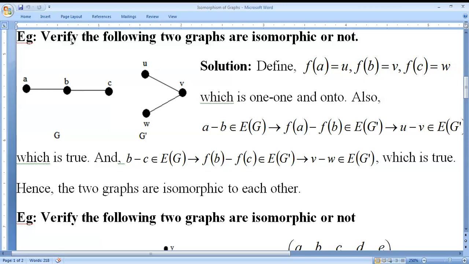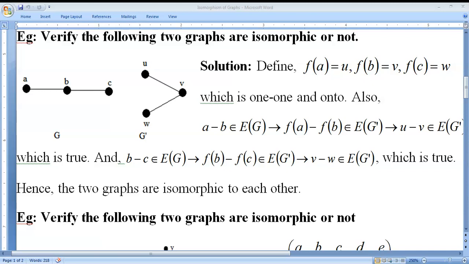If these conditions are satisfied, then we can say that the two graphs are isomorphic. First I need to define the function so that it is a bijective function. I have defined the function by mapping a to u, b to v, and c to w.